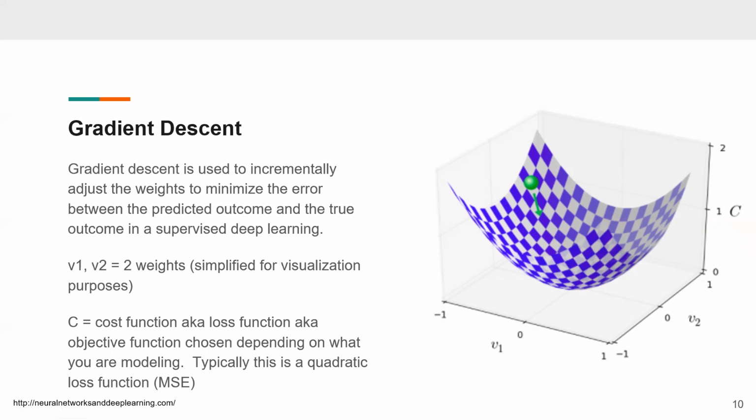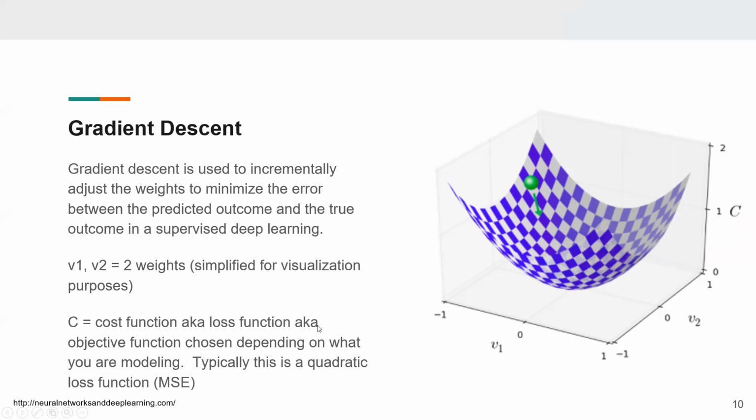Then V1 and V2 would be 2 dimensions, or 2 weights, simplified for visualization purposes. As you know, once we go beyond 3 dimensions, it's very difficult to visualize. The z axis is the cost function.